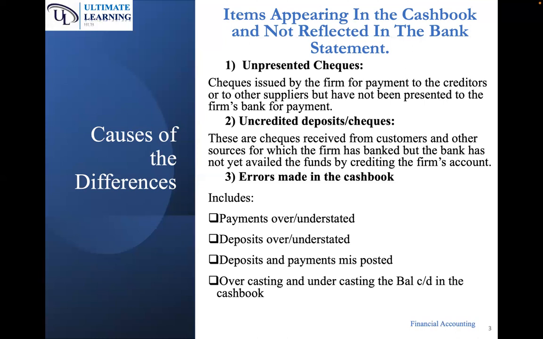So the business writes a check to a supplier or a creditor, but the supplier or the creditor has not submitted the check to the bank. In that case, we call it an unpresented check. It will be shown in our cash book, but because the bank has not yet received it, it cannot be reflected in the bank statement. So that's the first item.